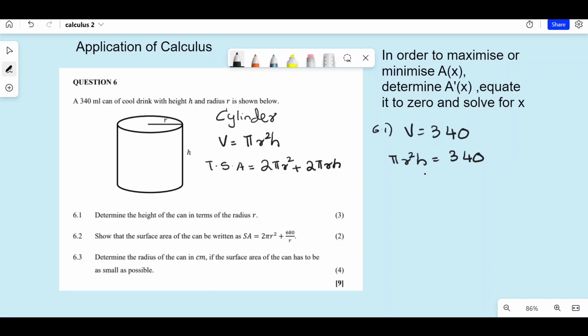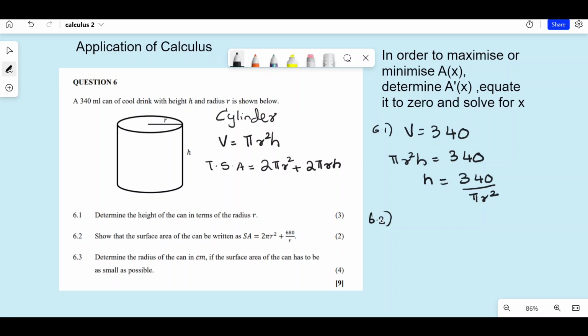So you divide both sides by pi r square, then you will get height equal to 340 divided by pi r square. That is height in terms of r. This is the answer for 6.1. So here the mark is for knowing the formula, equating it to 340 and finding the height in terms of r.